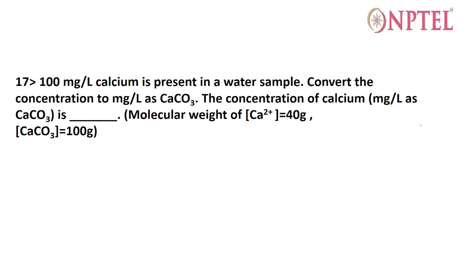You need to use the concept. There is also some unit conversion. Very easy. The molecular weight of calcium and calcium carbonate is also given. Just calculate the concentration of calcium in terms of mg per liter as CaCO3.